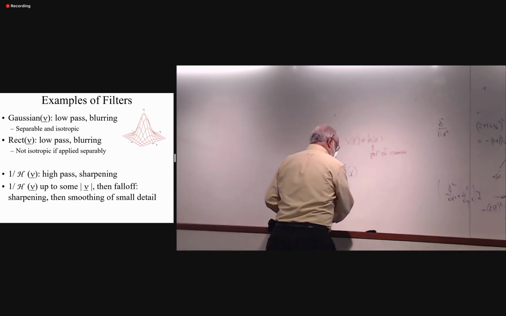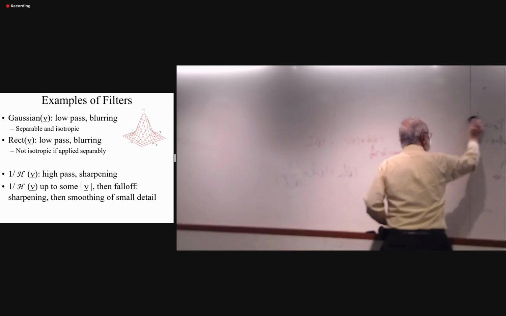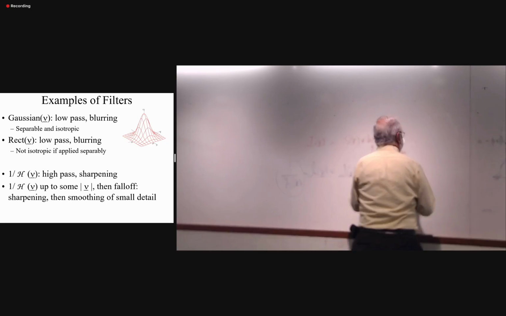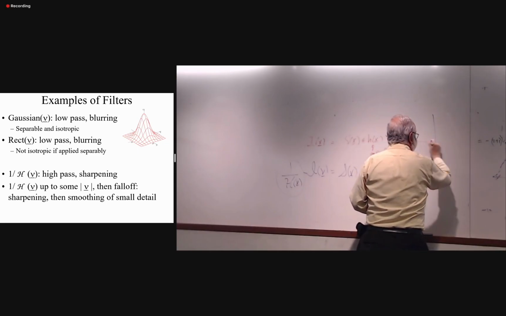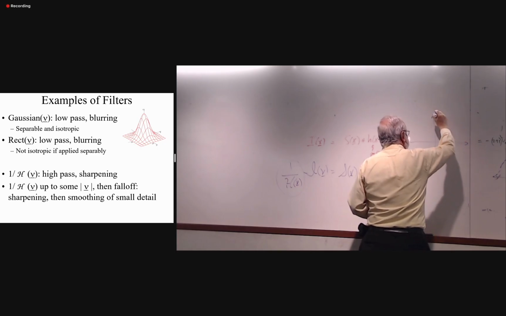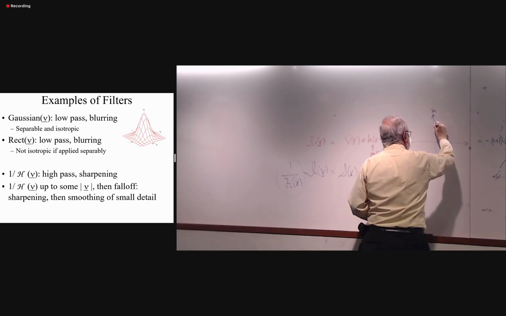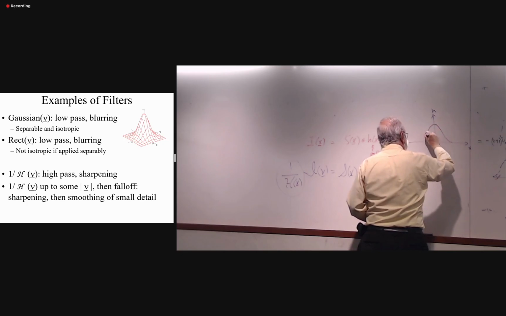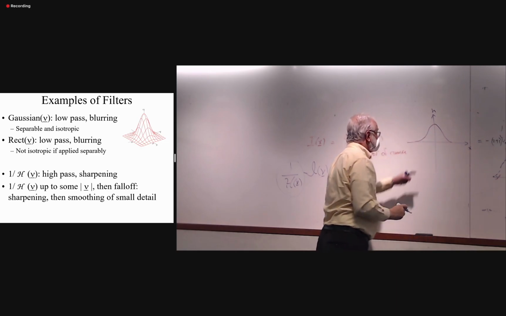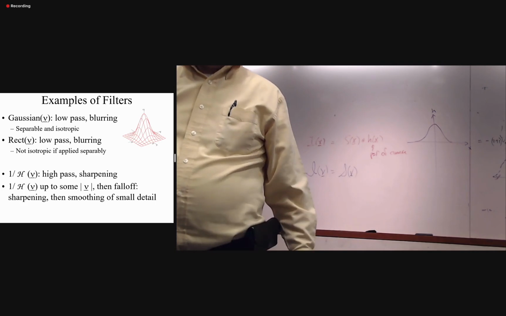But H typically, if we have a positive impulse, we'll get a positive blur with our camera.